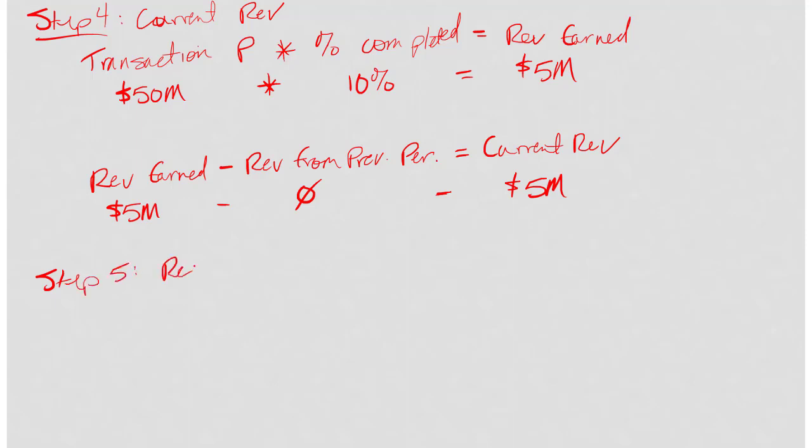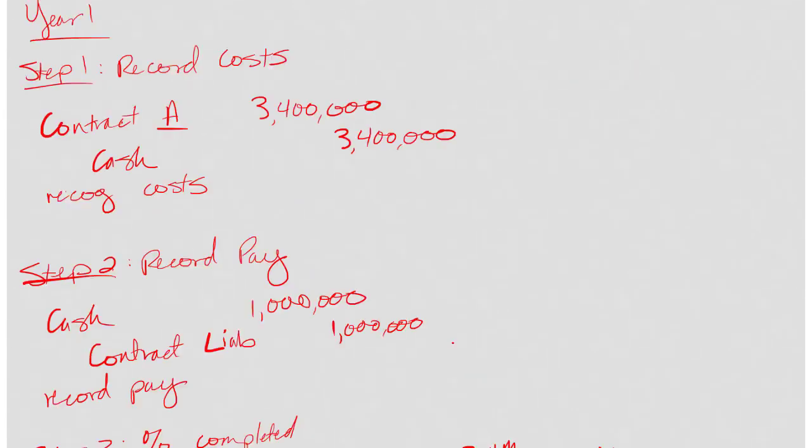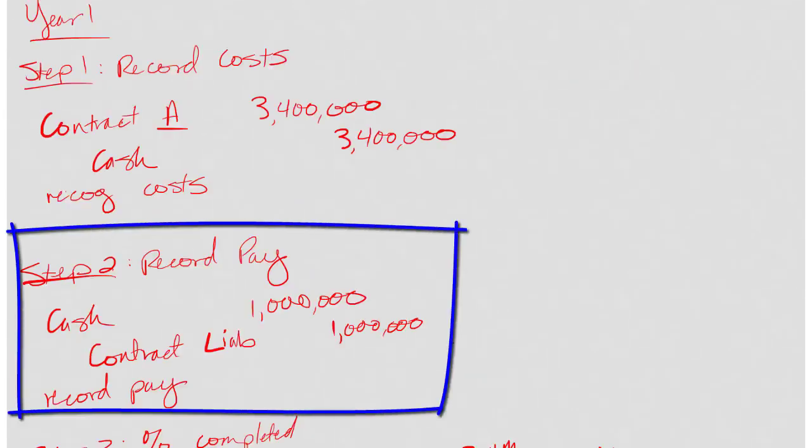which is to record revenue. I'm going to record sales revenue, $5 million. Now I need debits. Well, the first thing I would get rid of is any unearned revenue, if I can. So I would have recorded that in step 2. Let's take a look. Step 2, there's my contract liability for $1 million.